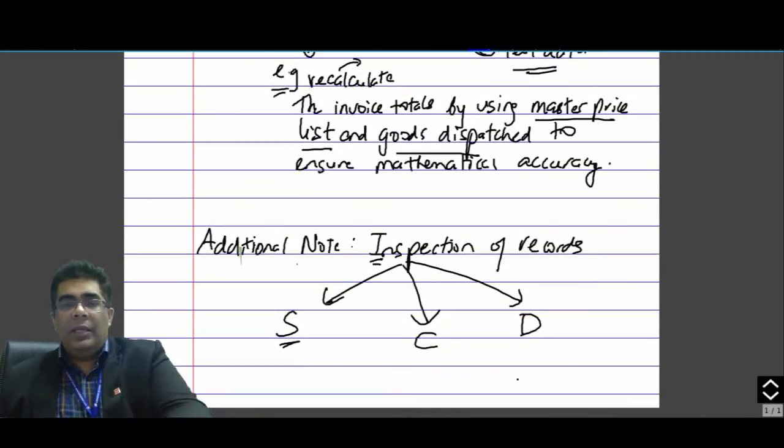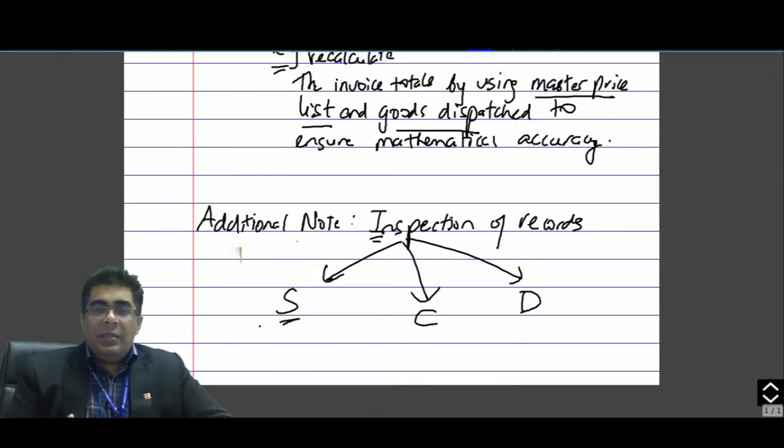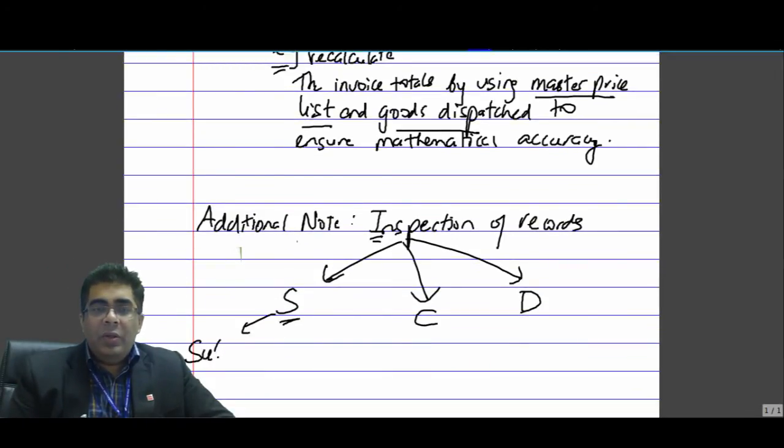Yeah, SCD. In the SCD is basically about your subsequent events as evidence.